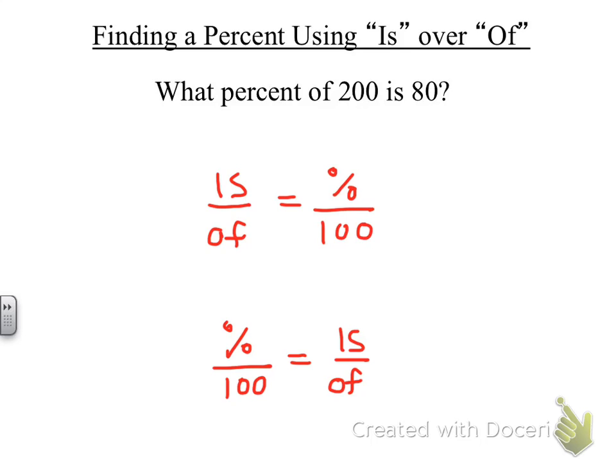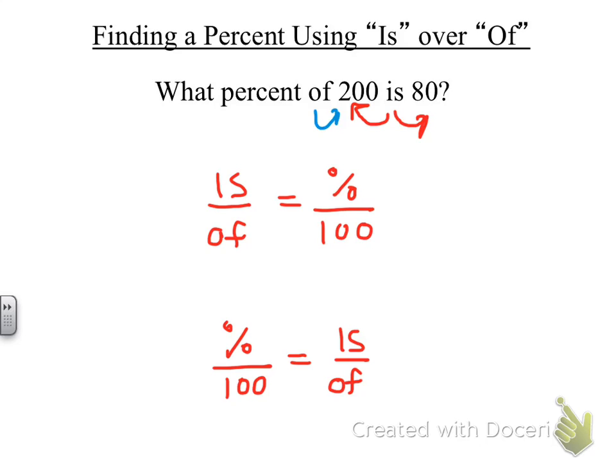Now, when I talk about the is, you look for the number that is closest. Now, I know you're saying, gee, is is in between 200 and 80. But the problem is, although is is in between 2, of is only close to the 200. So the of has to be where the 200 goes.